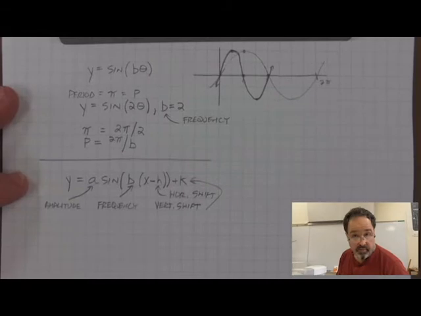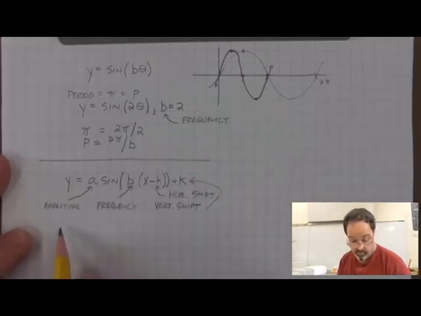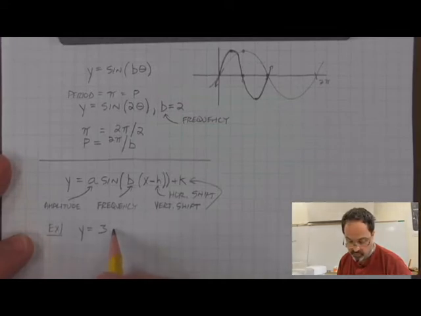With this complete understanding, we can do something quite sophisticated. For example, we could graph an equation like y is equal to 3 times the cosine of 1/2 times (x minus pi), then plus 1.